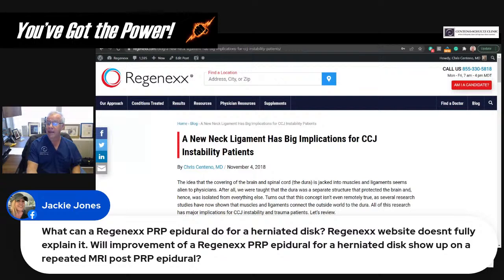Meaning that if we leave that there long enough, in general, what will happen in most people is that over a year to 2, somewhere in that time frame, your body will get macrophages in there, which are the body's garbage men, and they will break down the disc structure and haul it away. The goal of a platelet lysate epidural is to make that process faster and also provide some relief during that time without injecting toxic high-dose corticosteroid in that area.